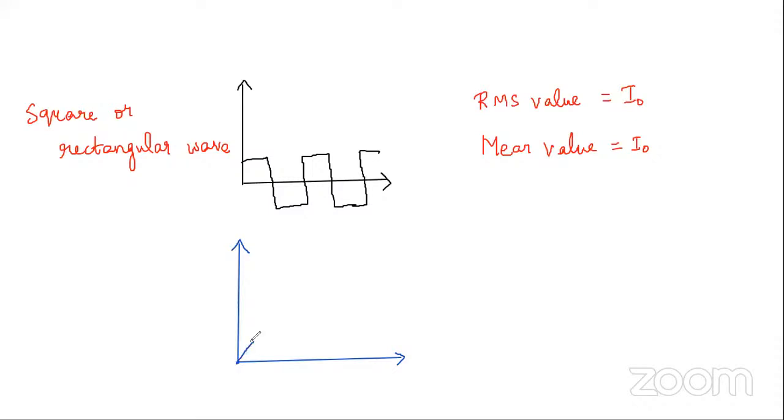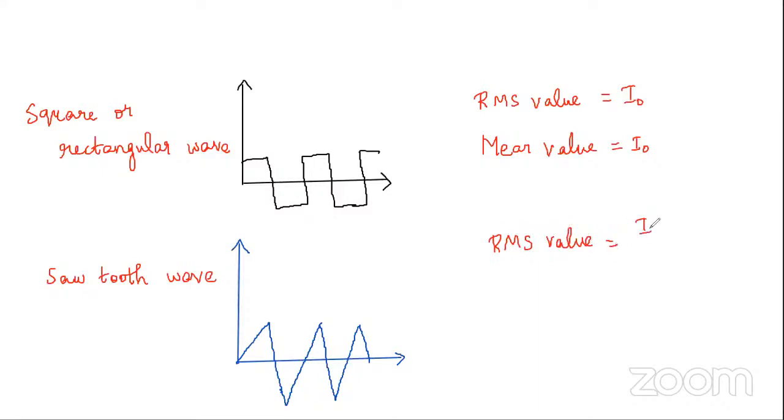Sawtooth usually looks like this. Okay. This is the sawtooth wave. So here, what is the RMS value? And the RMS value is I naught by root 3. RMS value is I naught divided by root 3.